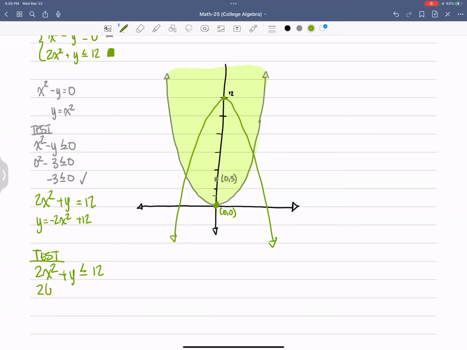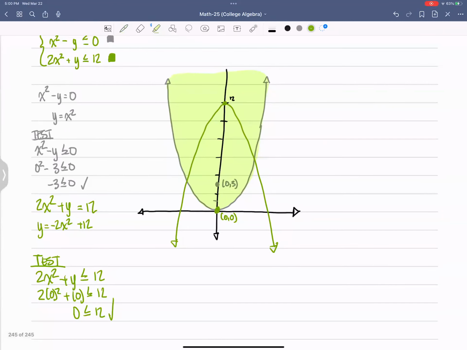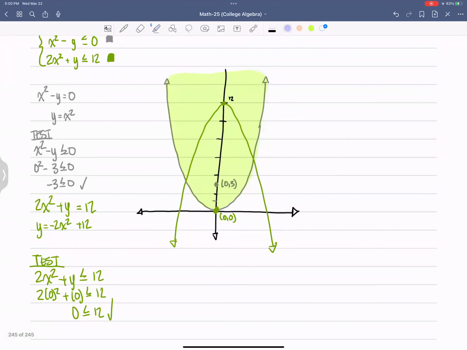So 2 times 0 squared plus 0 less than or equal to 12. We have 0 less than or equal to 12. 0 is less than or equal to 12. So we're going to shade that there. And let's use purple for this one. So this is the solution to that second equation.